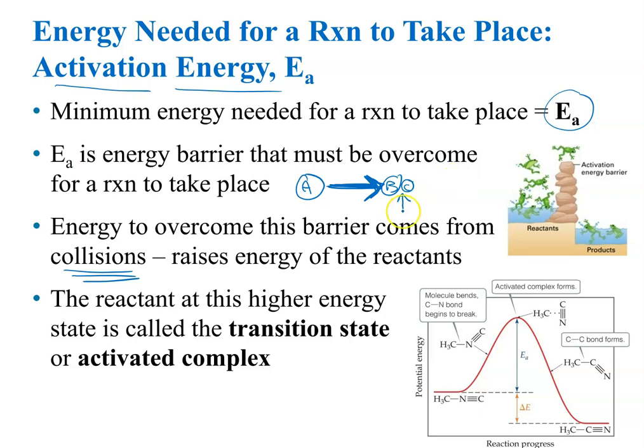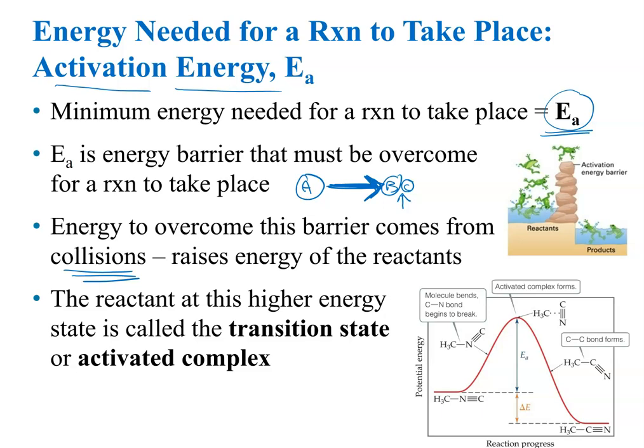If they don't collide with this certain minimum amount of energy, they're not going to be able to react. But if they collide with greater than that activation energy, then they are able to react.